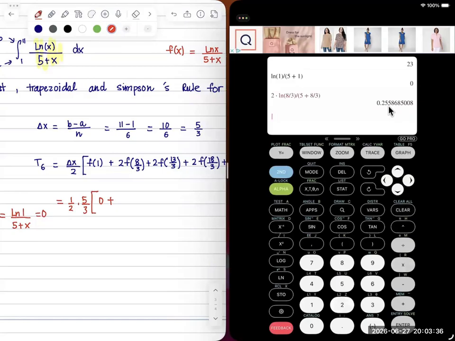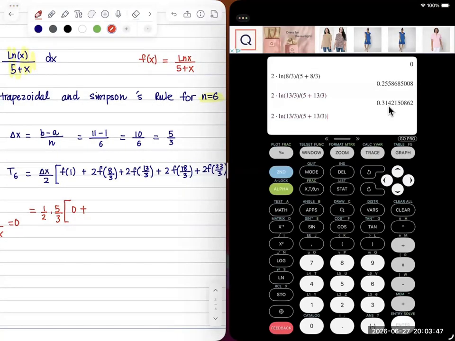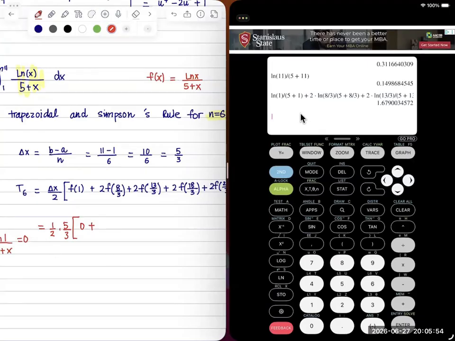Same thing, just replace the 8/3 by 13/3, and then continue to find the next one, 18/3. All right, so I already entered everything.